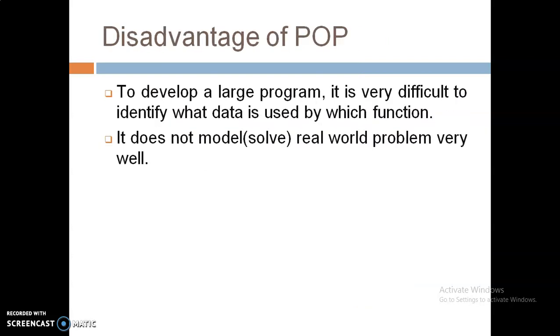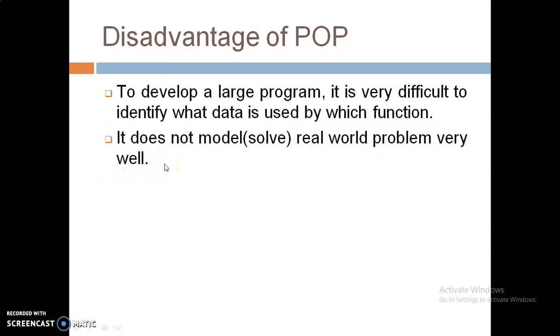So, we can say the disadvantages of POP are: to develop a large program, it is very difficult to identify what data is used by which function. And one more disadvantage is that it does not model real world problems very well.